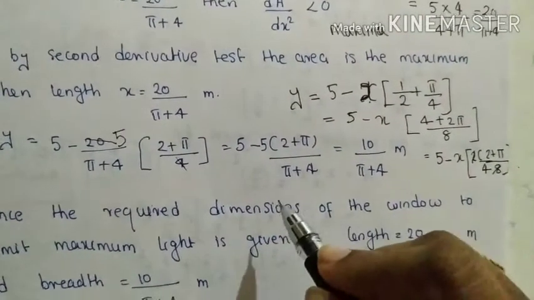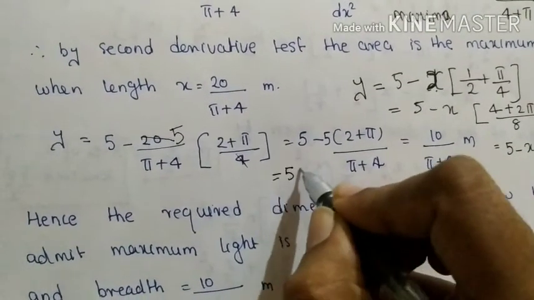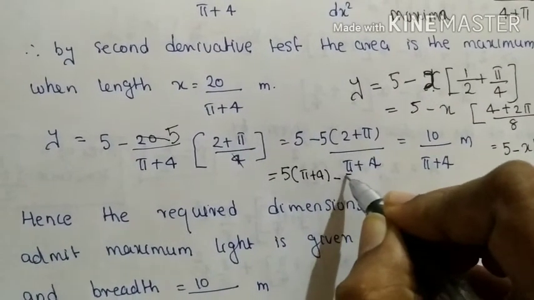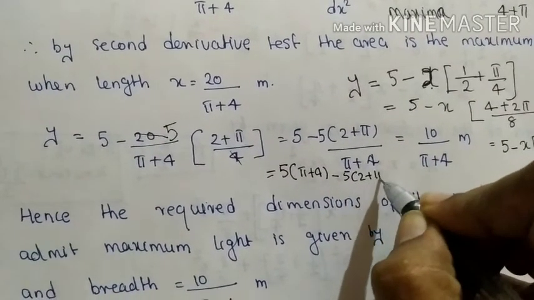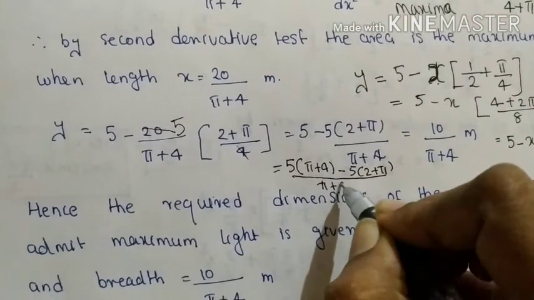Cross multiplying this term, we get 5 into pi plus 4 minus 5 into 2 plus pi, whole divided by pi plus 4.